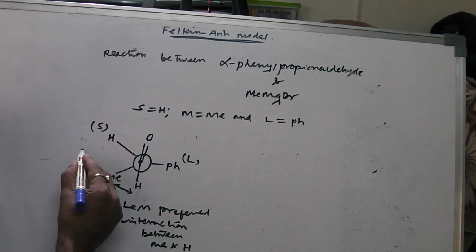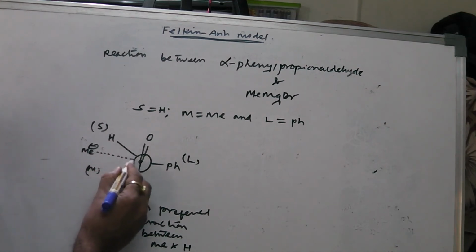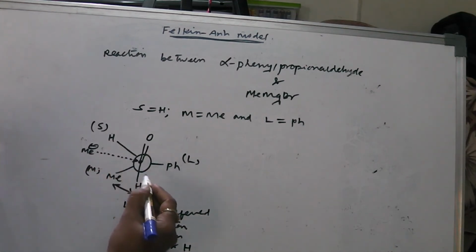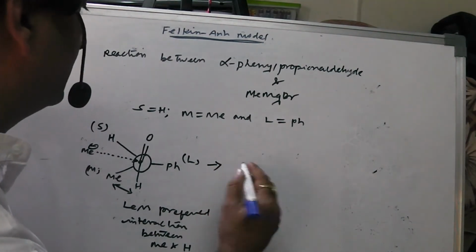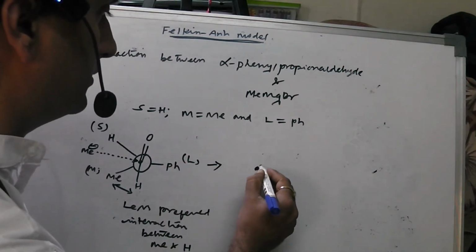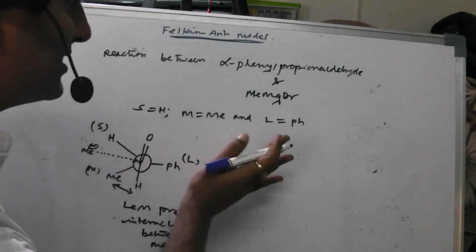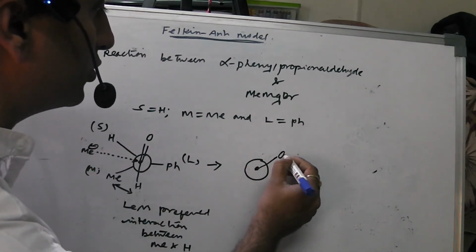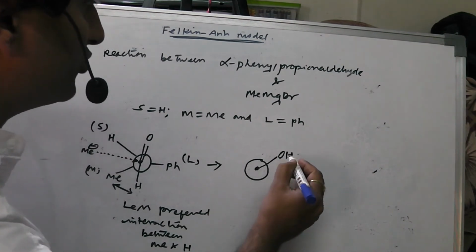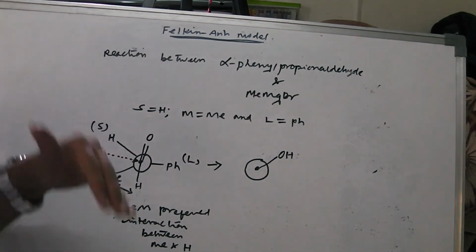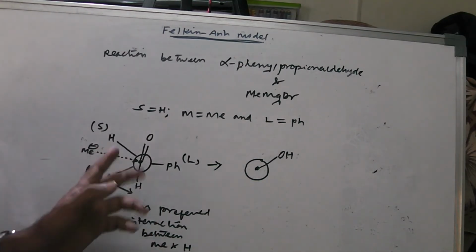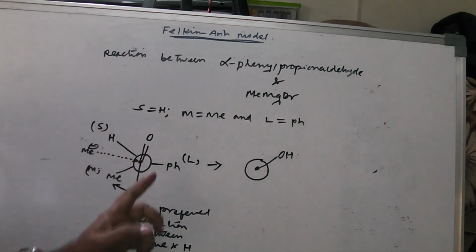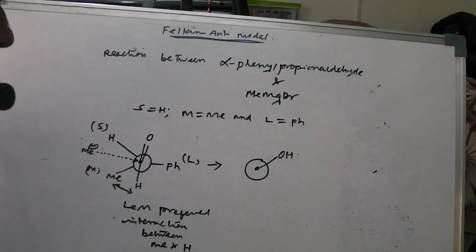Now Me minus is attacking the carbonyl carbon, leading to the structure. Since it attacks, O minus forms, so we write OH because the hydrogen will be abstracted after workup by the oxyanion formed by the attack of Me minus, the Grignard reagent, on the carbonyl group.